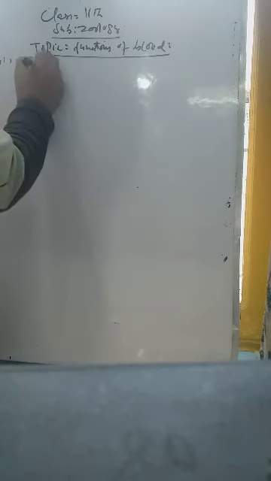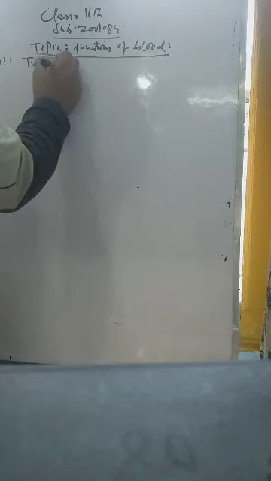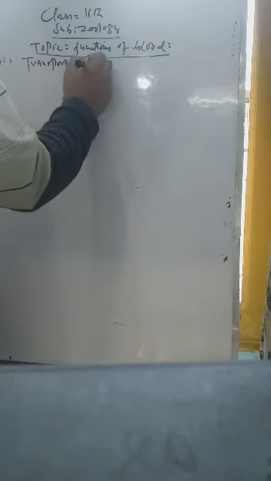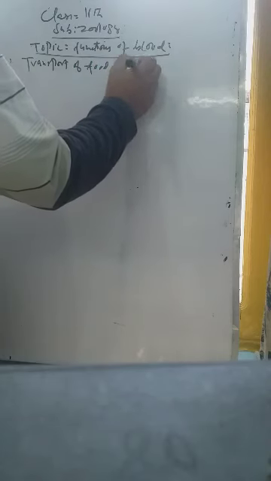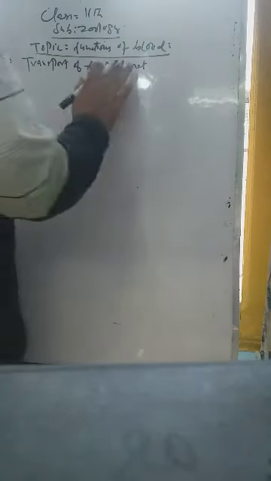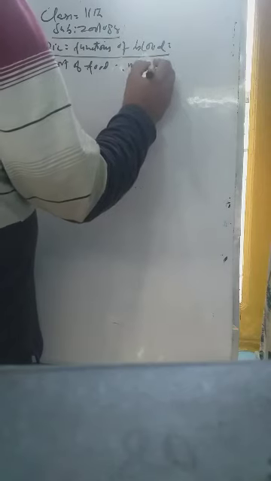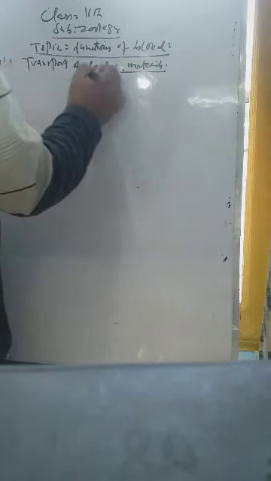The general function of blood can be summarized as follows. The first function of the blood is transport of food materials.